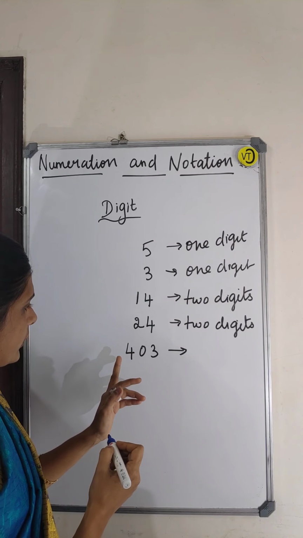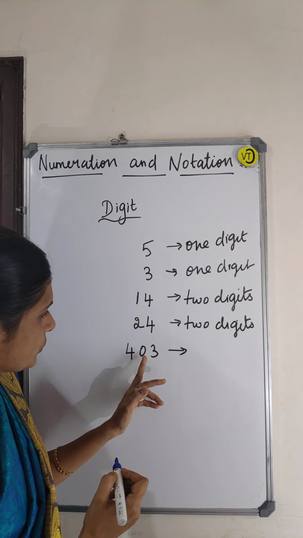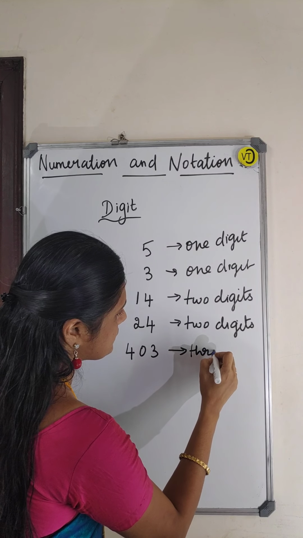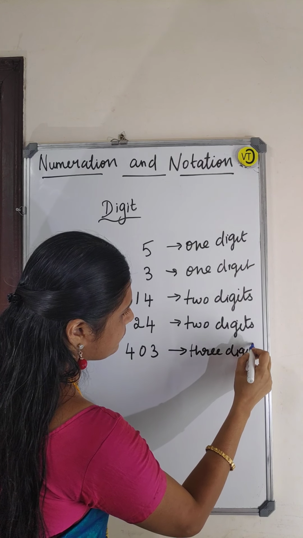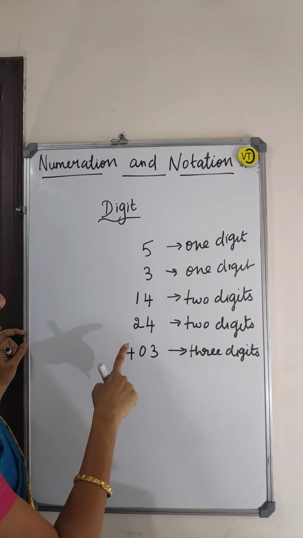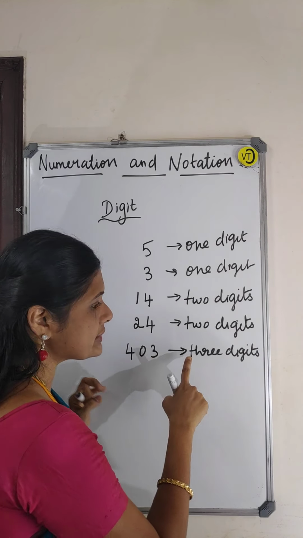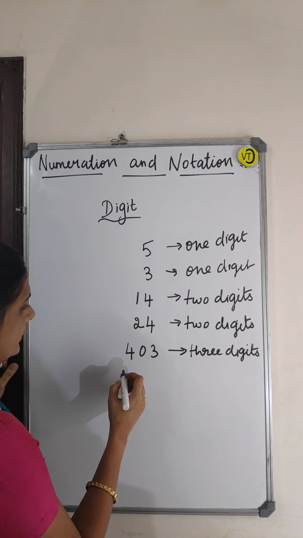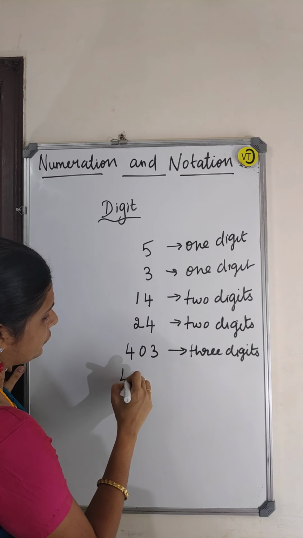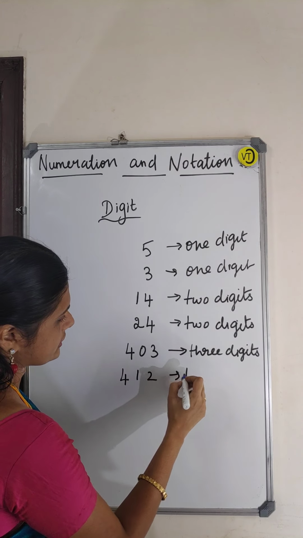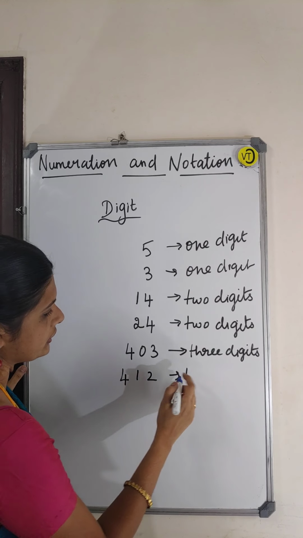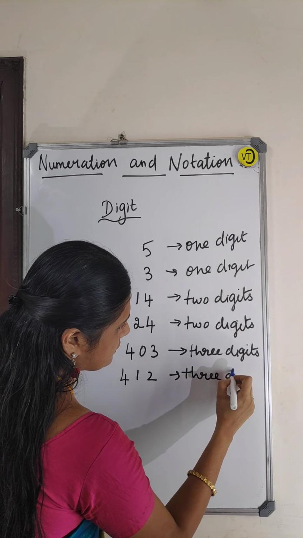How many digits are there? 1, 2, 3. 3 digits. Like that, 412. How many digits? 1, 2, 3. Again 3 digits.